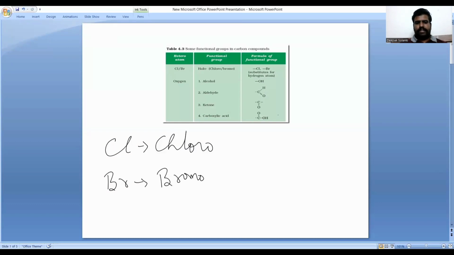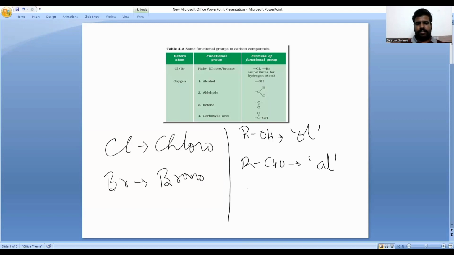Okay. Next, we can say these are the functional groups. Next, we can say about those in which an oxygen group is present. You can see here. So first one is alcohol, ROH, in which suffix ol will be used. Second one is aldehyde, in which suffix al will be used.